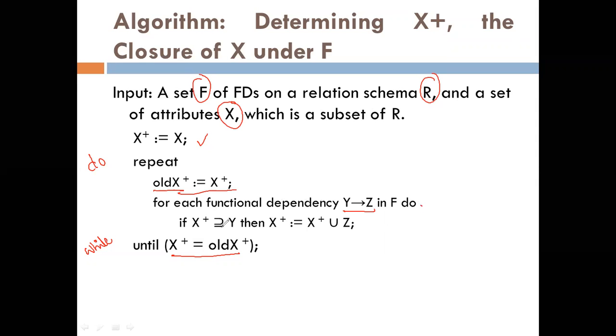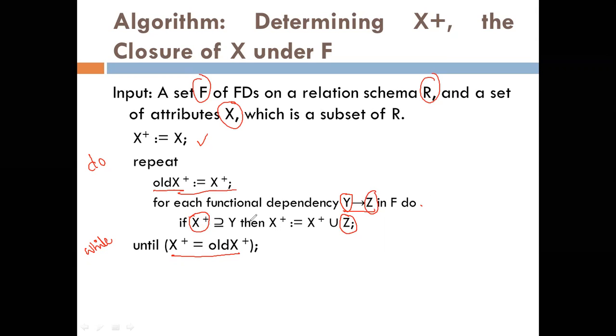We have to check whether the left side of a functional dependency is a subset of X plus, which is nothing but the closure. If it is present, which means it is a subset, then for the closure we will add Z, that is, union Z. That's it. So a very simple algorithm. This is done for all the functional dependencies, then one iteration will be complete.